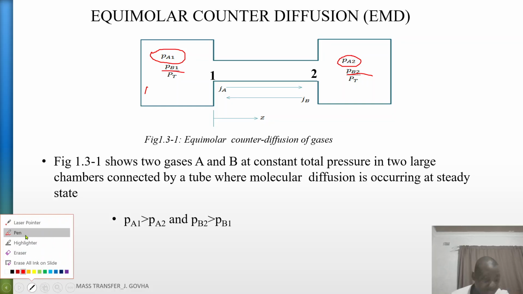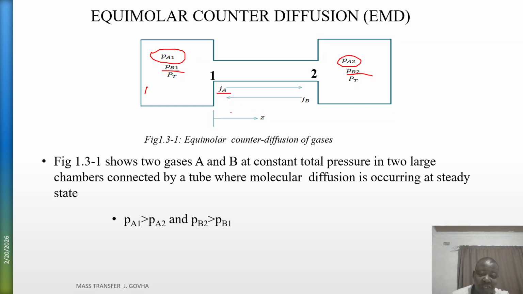And that's indicated there as the flux JA and the flux JB. The driving force is the difference in these partial pressures, which would obviously be due to the difference in concentration.